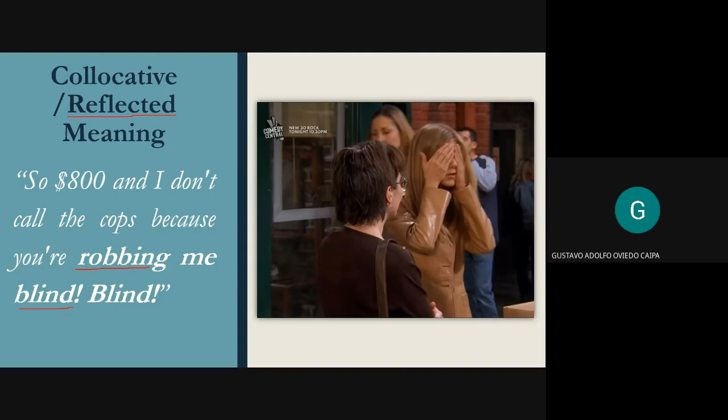That is reflected meaning. When a word has more than one meaning, but there is a stronger meaning or a stronger sense that interferes with other senses, you see? So when you're trying to use the word with the weaker senses, the stronger one is going to try to interfere.